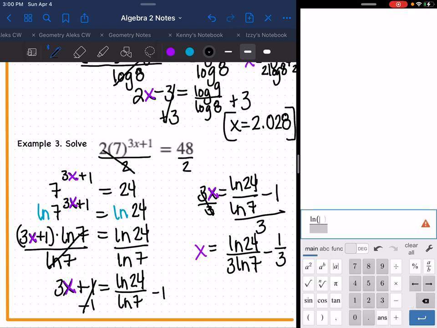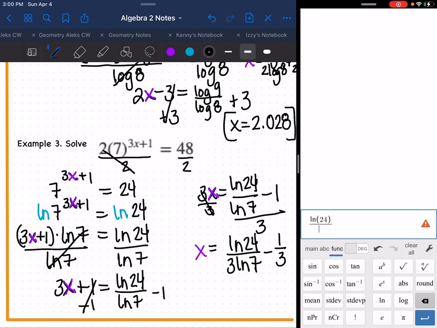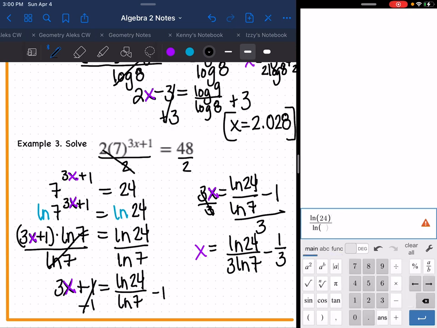Natural log 24, get down in the bottom, natural log. Now, you don't have to worry about, am I using the right one? Whatever you choose to use in the numerator, log or natural log, make sure you use the same in the denominator.